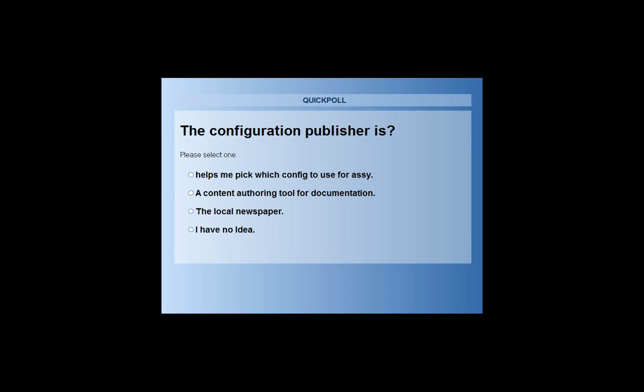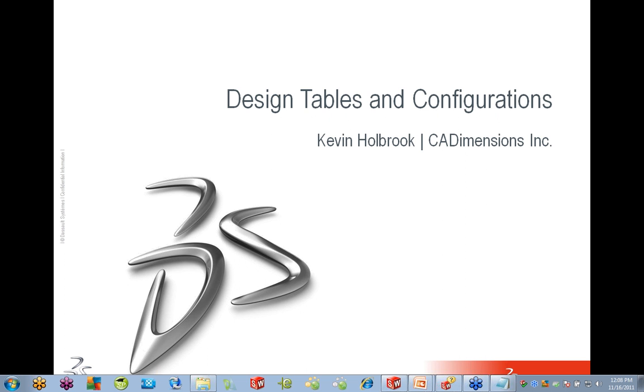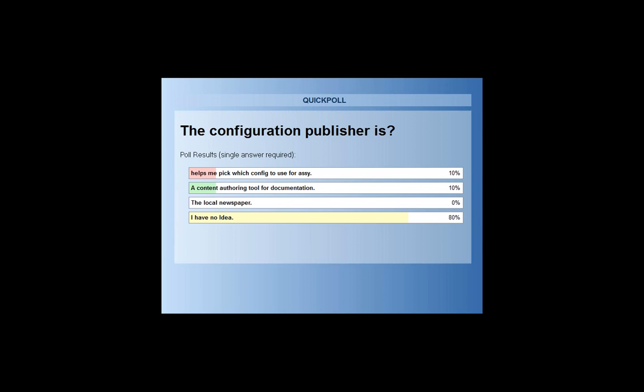Well, clearly this is one of those tools that SOLIDWORKS hasn't really put out there in a proper manner. The configuration publisher is actually a tool which helps me pick which configuration my users can select for an assembly. We're going to show you how to use the configuration publisher here.